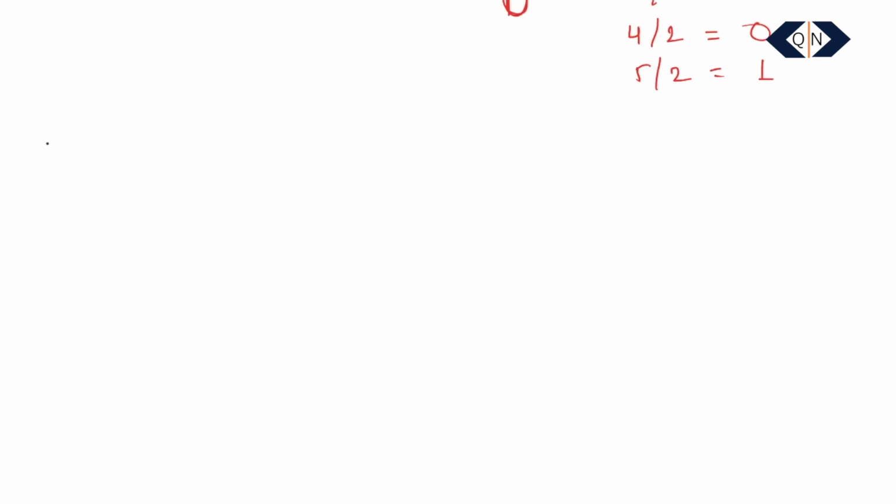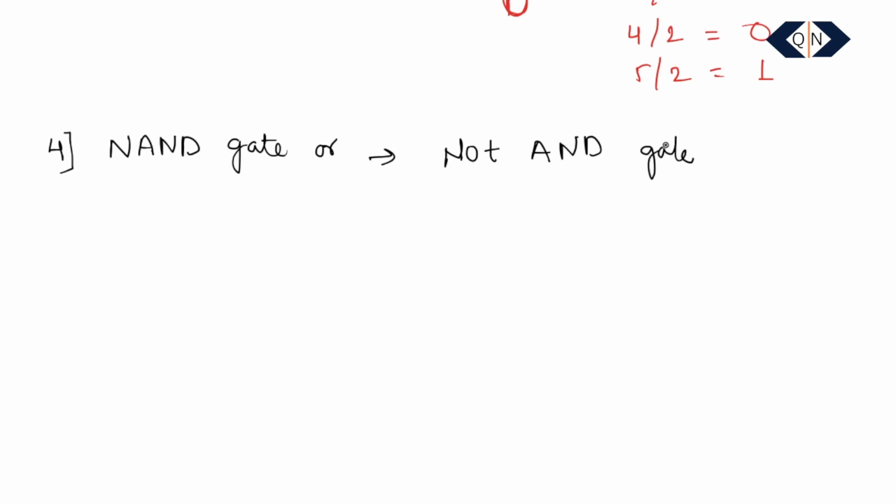Now let us talk about our fourth gate, which is the NAND gate, referred to as the NOT AND gate. It means NOT AND.